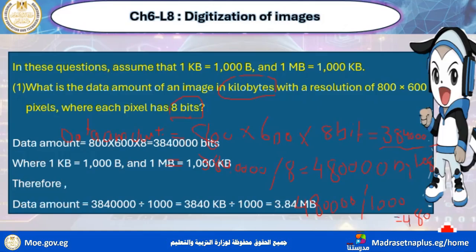We need first to divide by 8 bits, because we measure here in bits, and then divide by 1000. So the result will be 480 kilobytes.